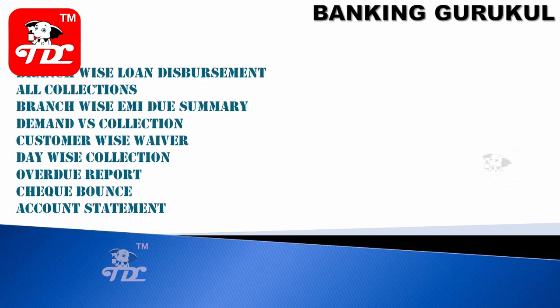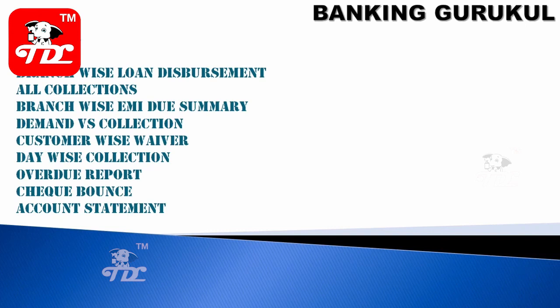So what type of reports can you generate from the LMS system? Branch wise loan disbursement: branch wise, what is the loan amount disbursed in a day, month, quarter or year, you can generate the report. All collection report: collections from cash or check or from NACH, ECS.